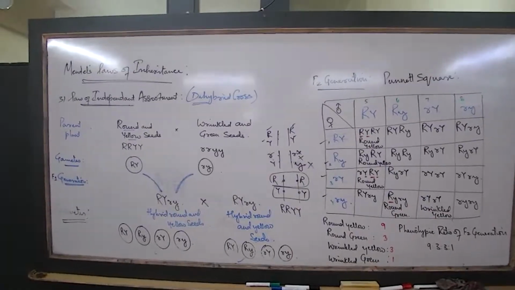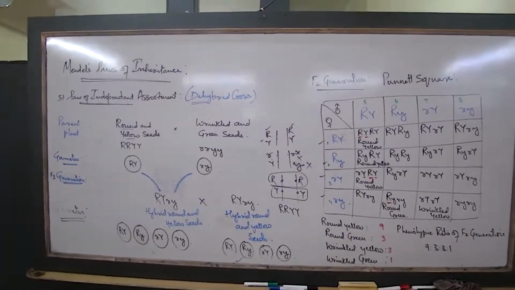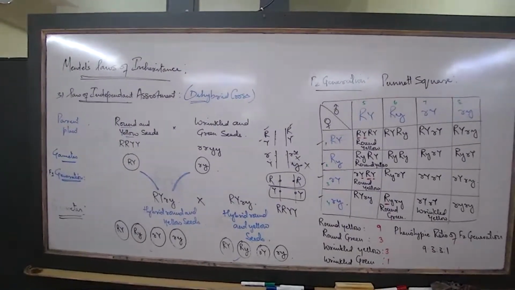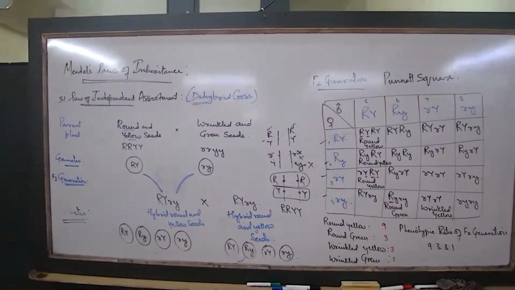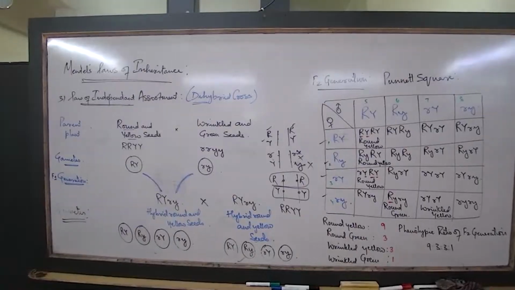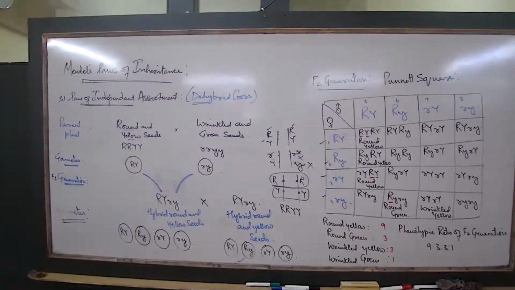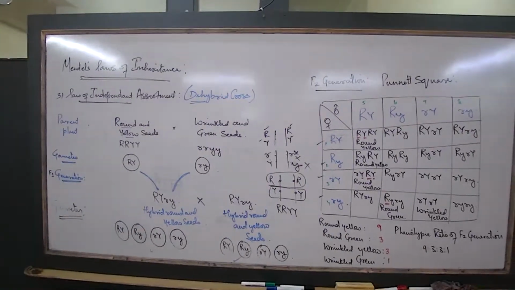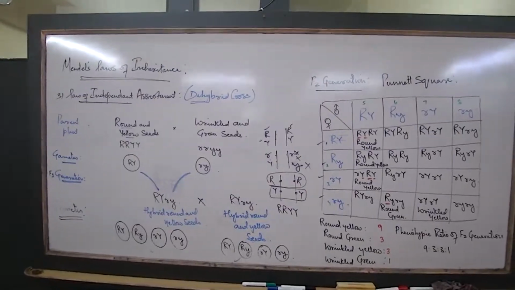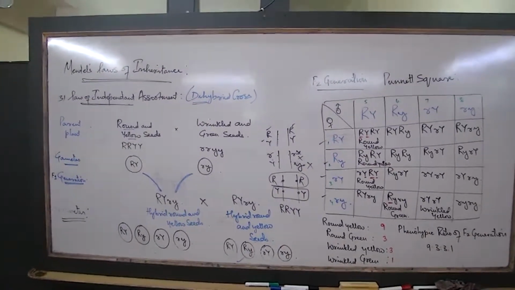Next, number D or 4. What are the new combinations obtained in the F2 generation? New combinations means you have to write the new phenotypes. What are the new phenotypes obtained in the F2 generation?